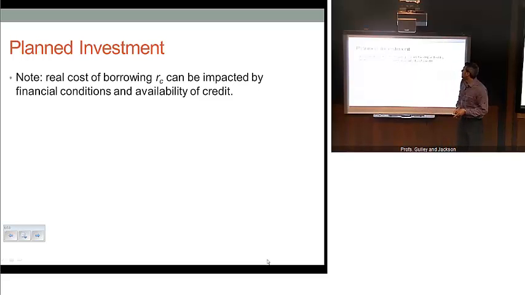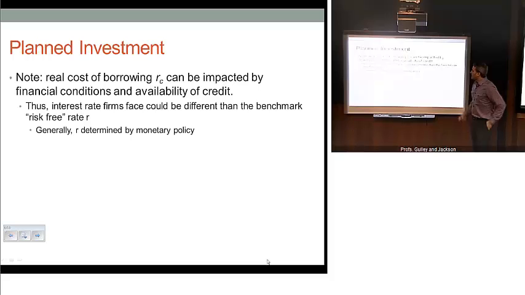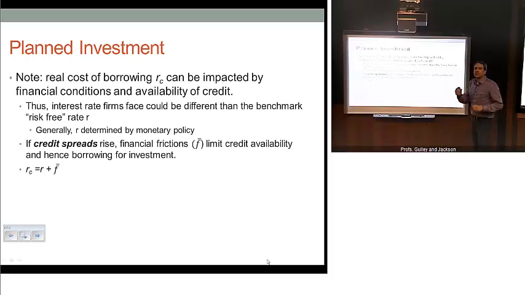So a couple things to keep in mind here. The real cost of borrowing can be impacted by financial conditions in the economy, and in particular can be impacted by the availability of credit. And so the idea here is that we can have a disconnect between the benchmark safe interest rate that could be prevailing and the actual interest rates that firms face when they go to these borrowing markets. And so that's going to be reflected in credit spreads, okay?